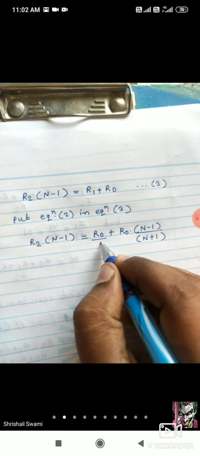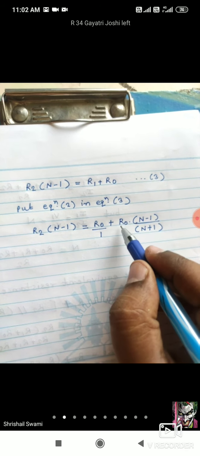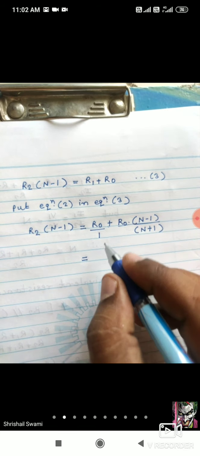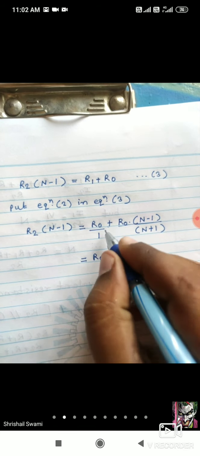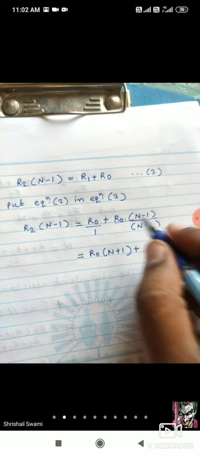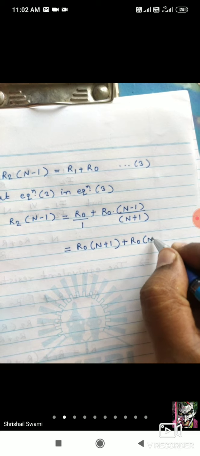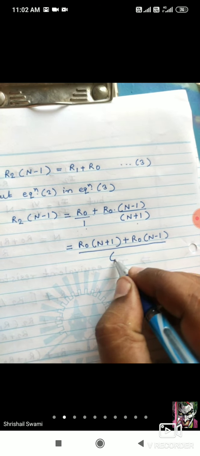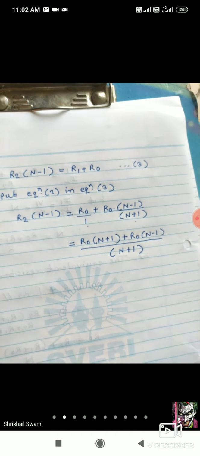Now here, there is an implicit 1 under R0. So take cross multiplication, LCM: R0 into n plus 1, plus 1 into R0 into n minus 1, divided by 1 into n plus 1, that is n plus 1.